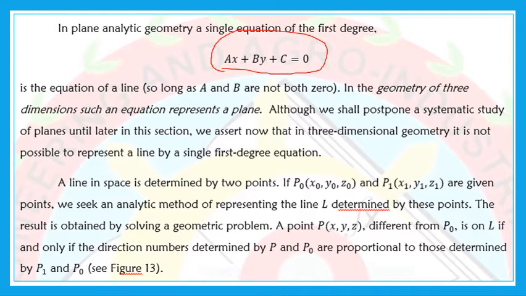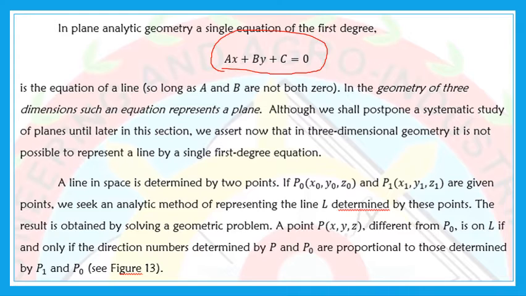A line in space is determined by 2 points. If point P sub O and point P sub 1 are given points, we seek an analytic method of representing the line L determined by these points. The result is obtained by solving a geometric problem.